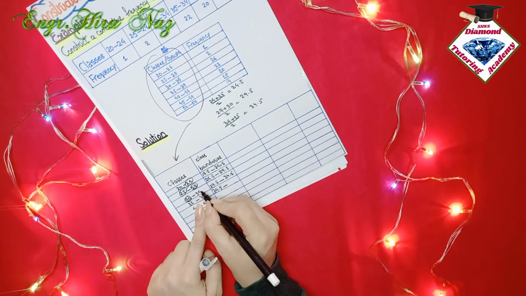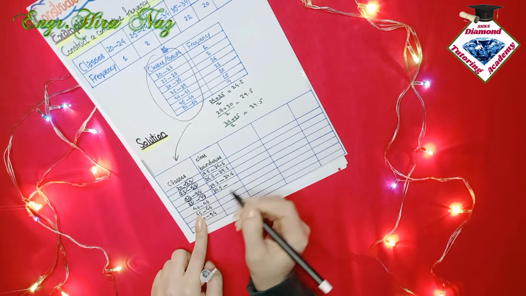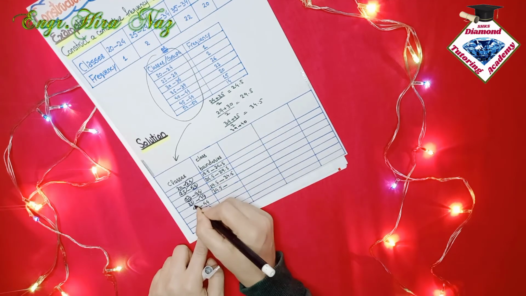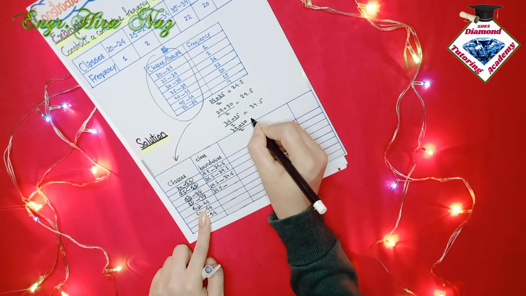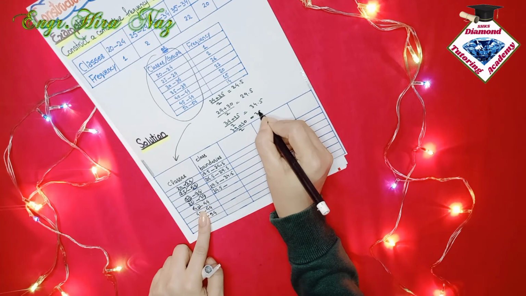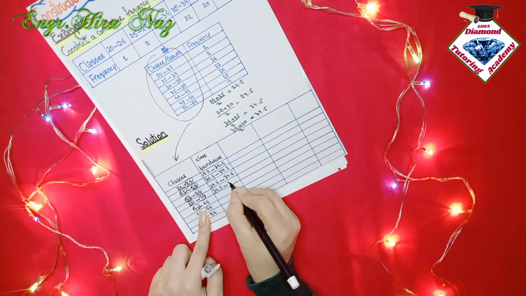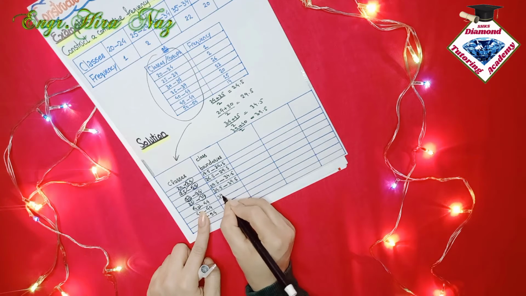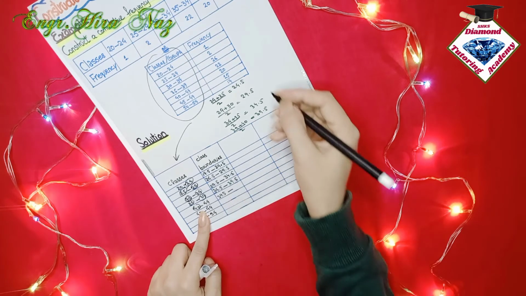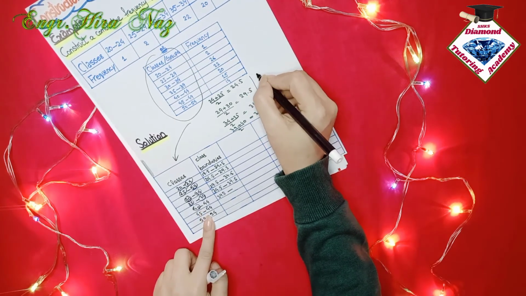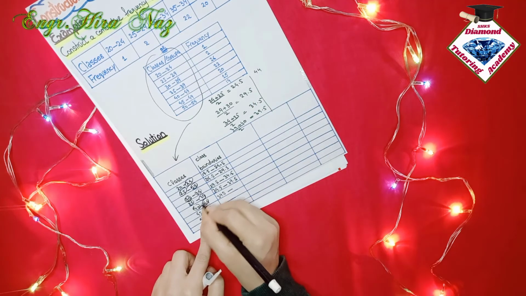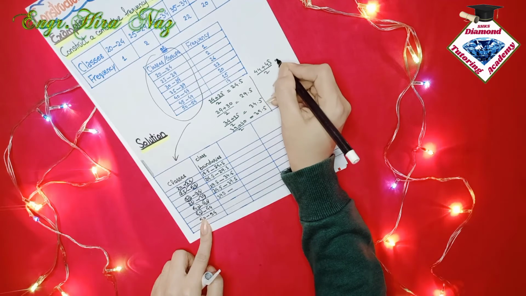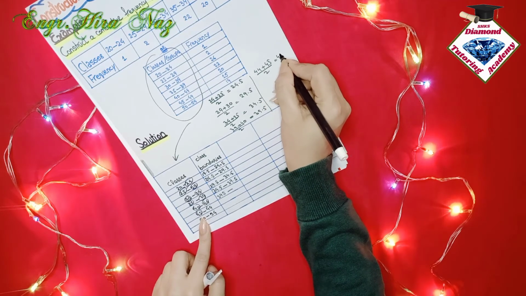Again for next, 39 plus 40 divided by 2 will give us 39.5. So 39.5 is upper class boundary for this class and lower class boundary for next. Next we have to add 44 and 45. 44 plus 45 divided by 2 will give us 44.5.